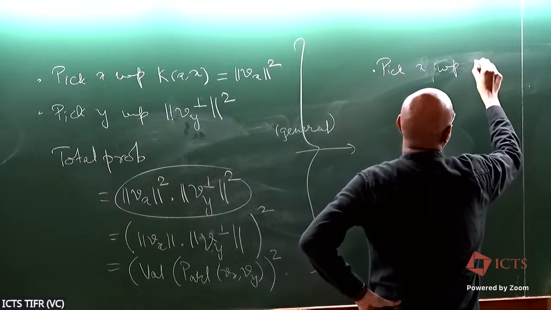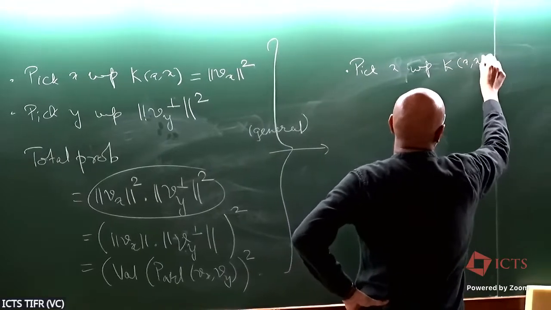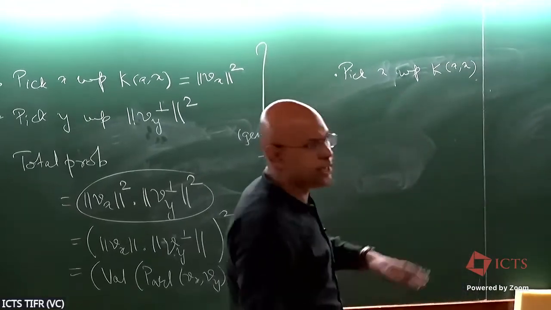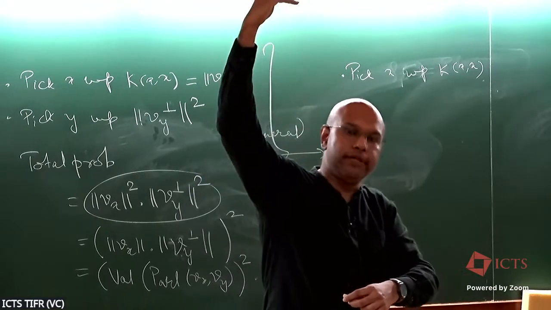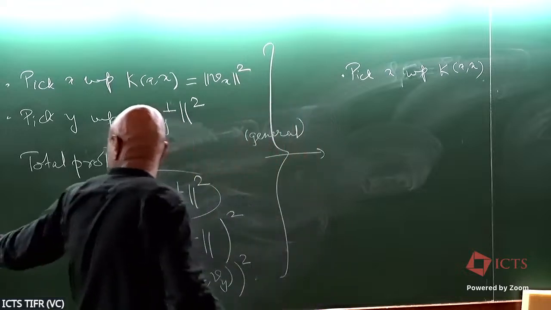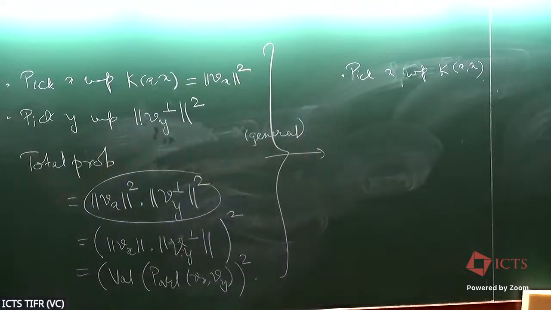with probability Kxx, and now you project everything to the orthogonal complement of the vector of x, Vx. Now, of course, when you are doing the sampling, you do not want to do this geometry every time. So you want to reduce everything to linear algebra.